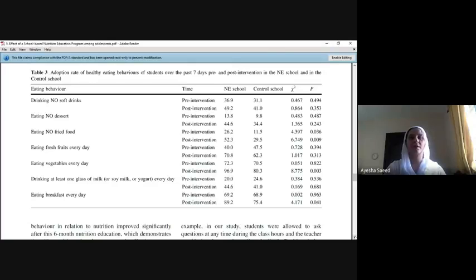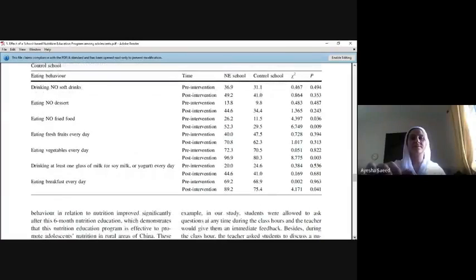The behaviors they assessed were drinking no soft drinks, eating no desserts, eating no fried food. 3 questions were negatively phrased, 3 questions were of bad habits, and the rest of the 4 questions were regarding having good habits.